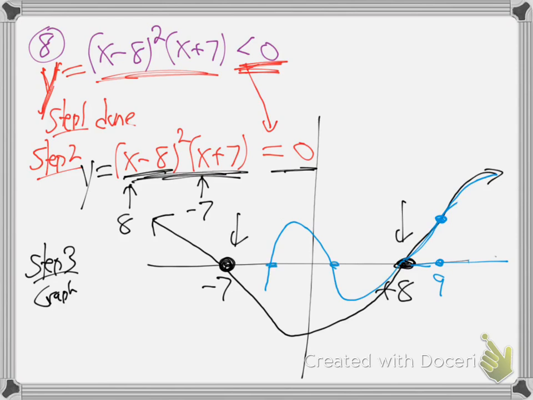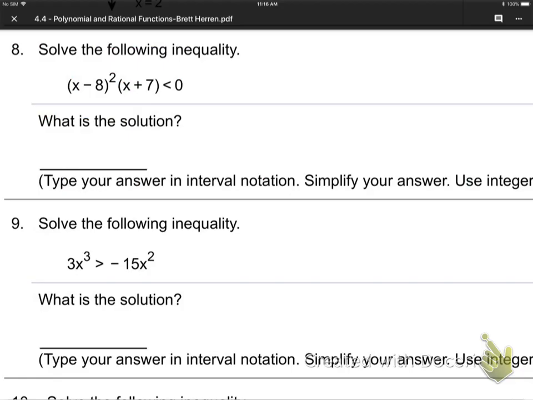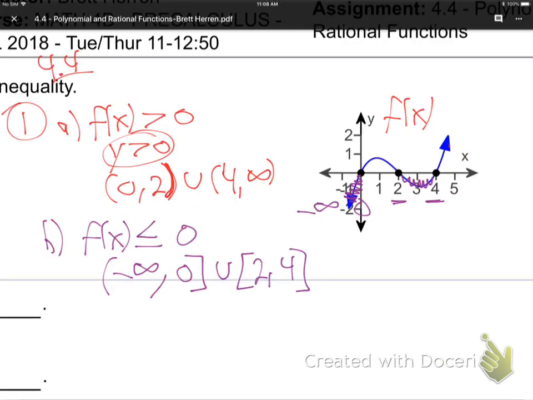It's very helpful that I found the only 2 places it's going to cross the x-axis. Those are the only 2 places it can change its mind from being above to being below, or vice versa. Nowhere else for sure.